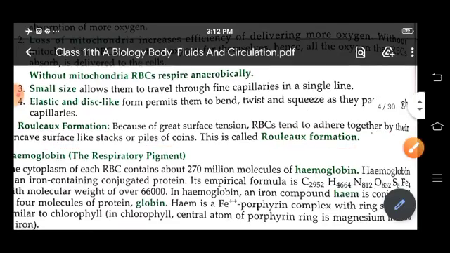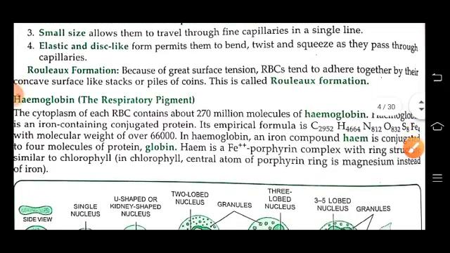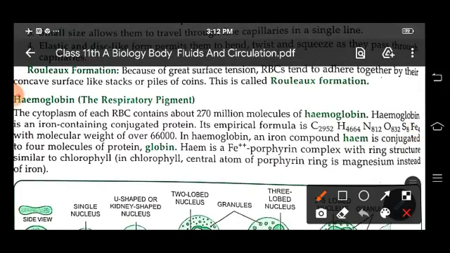Now come to hemoglobin. So what is hemoglobin? It is a respiratory pigment, and an RBC contains about 270 million molecules of hemoglobin. Hemoglobin is made up of two main parts, the iron containing part and the protein part.